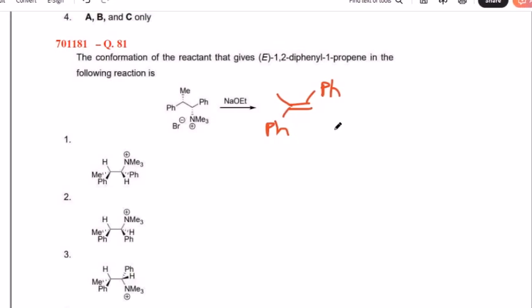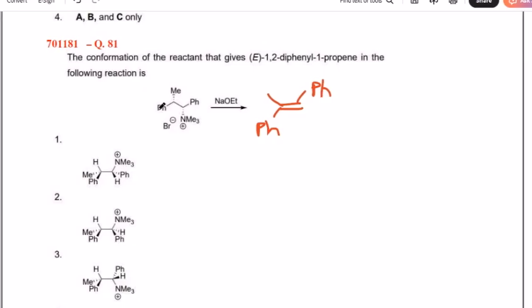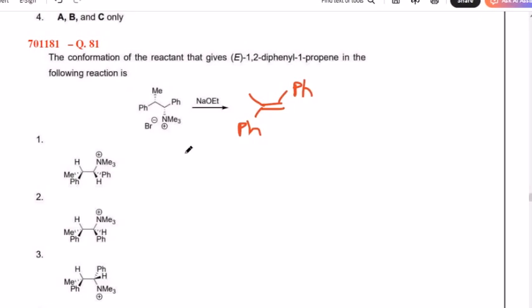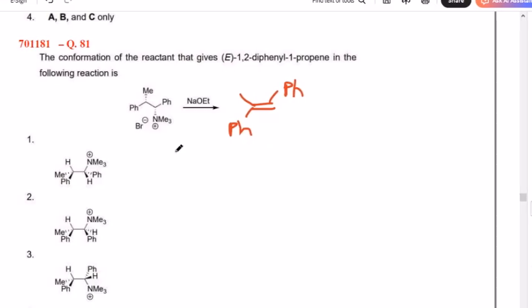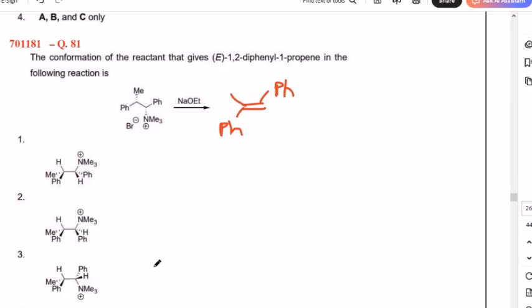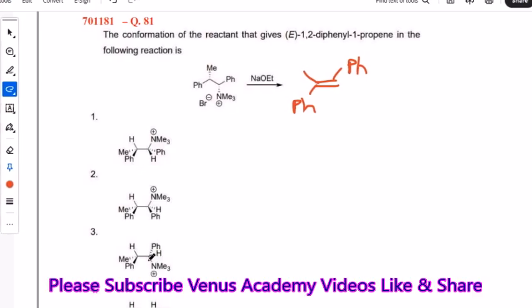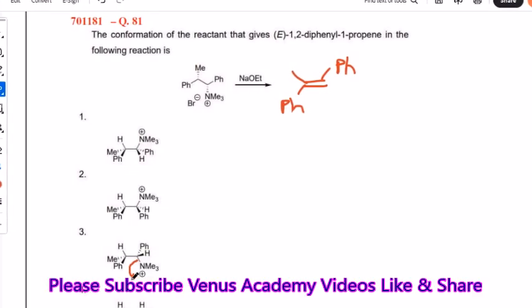Done. In the following reaction, it has to undergo elimination. These are on the same side, so for elimination to take place, they have to be trans to each other. So in an elimination reaction, which one is the best orientation? Yes, it is going to be here.